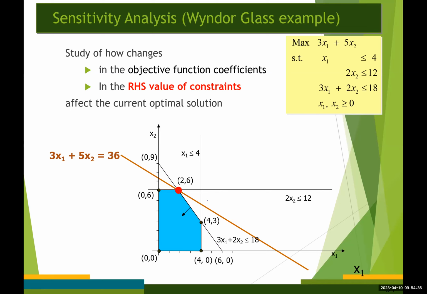So if you change the right-hand side value of a constraint, the feasible region may or may not change, and perhaps cause a change in the optimal solution to the problem. So let's investigate this.